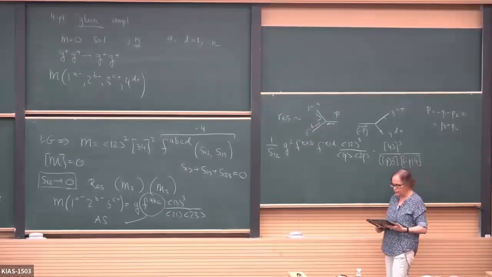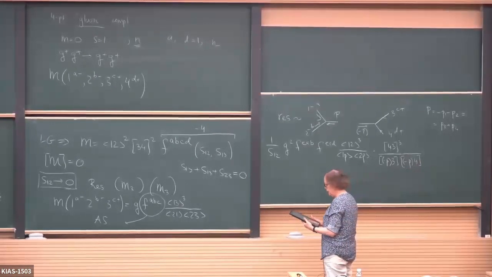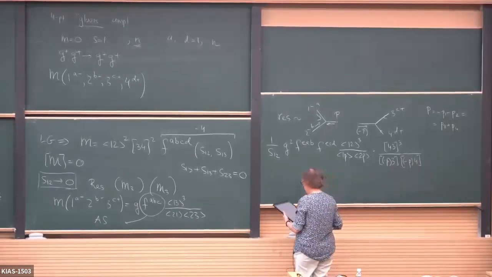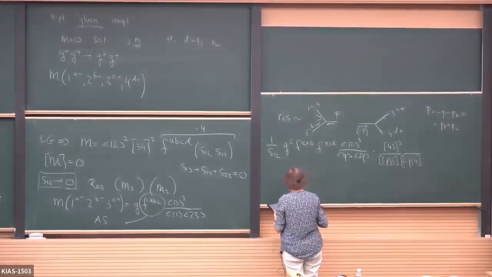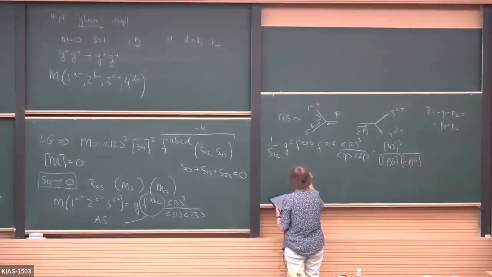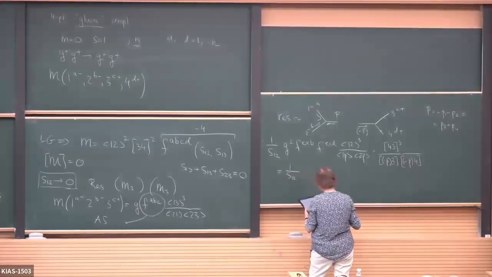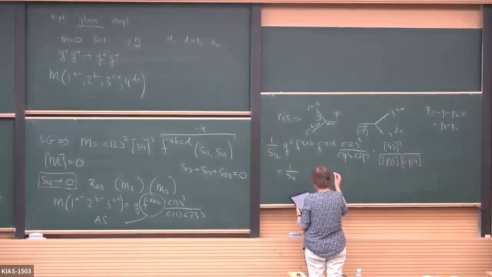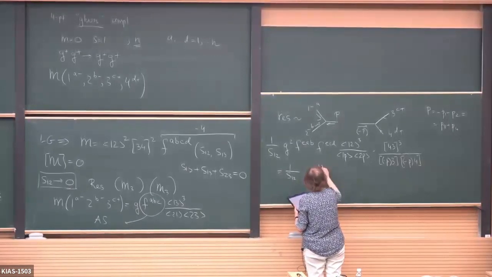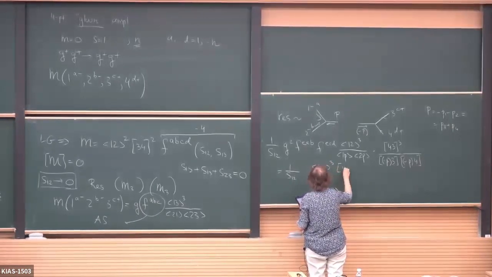And we can massage this thing a little bit. Let me first write the whole thing as S12 times ⟨12⟩ cubed ⟨43⟩ cubed.